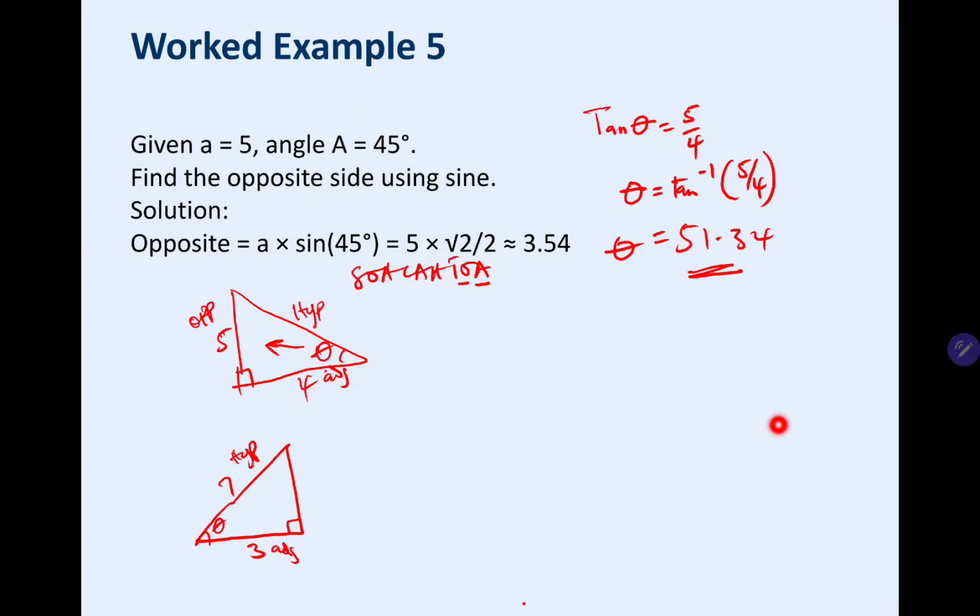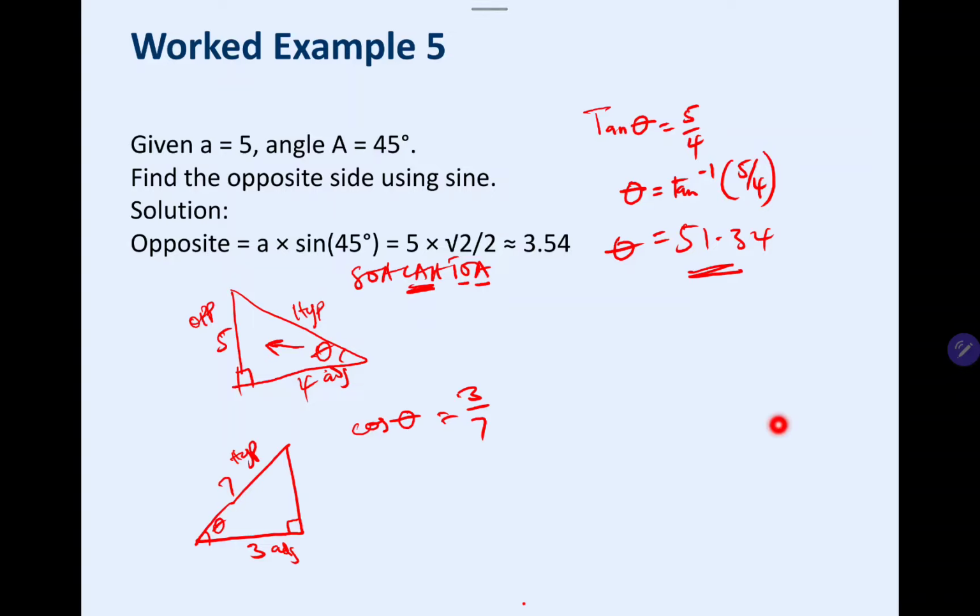So here, since we have the adjacent and the hypotenuse, we should be talking about the cosine, SOHCAHTOA. So the cos theta will be equal to adjacent over hypotenuse, and that will be 3/7.